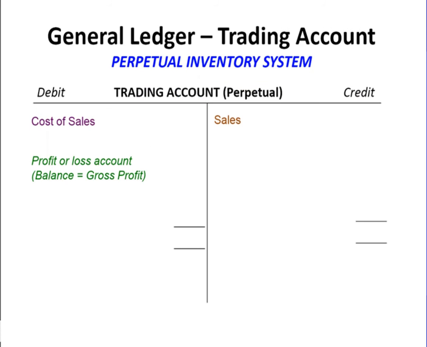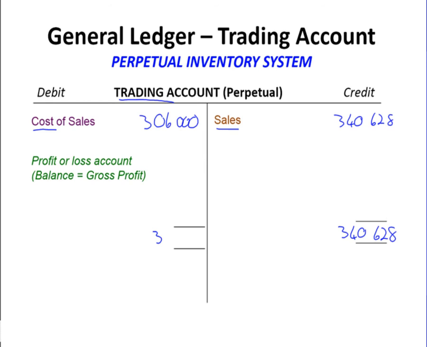So in terms of my general ledger now, I'm doing the trading account general ledger. I get 340,628 and I credited the 306,000, with the contra accounts being cost of sales and sales. I then add these up and I get 340,628.